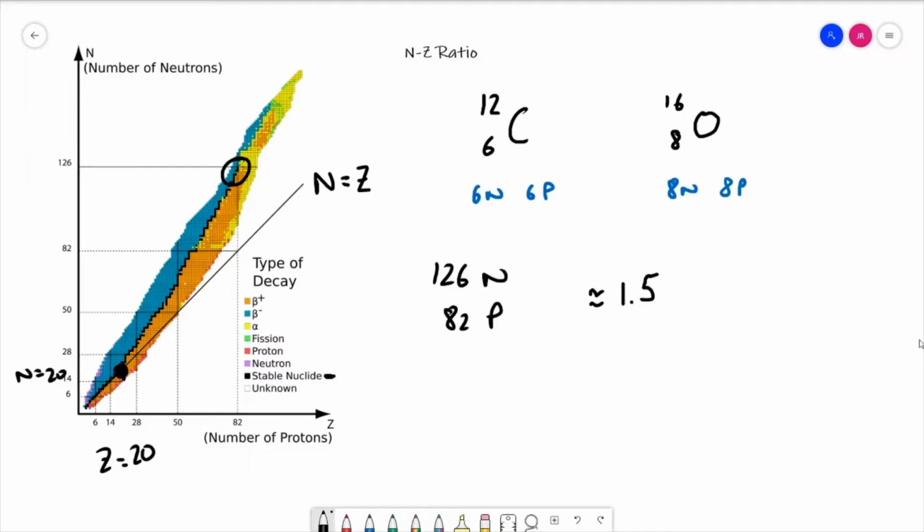As we increase the number of protons in a particular nucleus, that outward repulsive force is increasing.